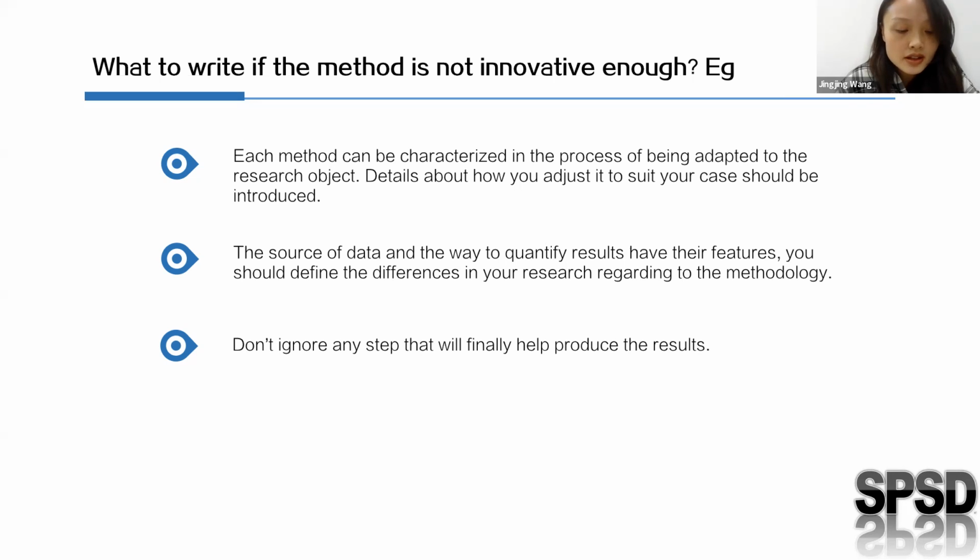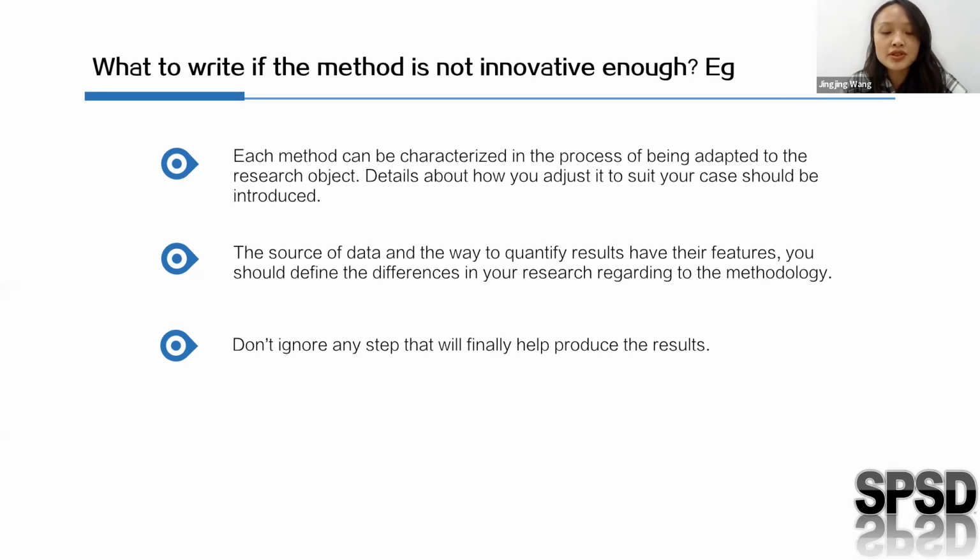Actually, each method can be characterized in the process of being adopted to the object. So details about how you adjust it to suit your case should be introduced. For example, in a questionnaire designed for people's perception of a place, you must have set questions based on people's sense and feelings towards a place.